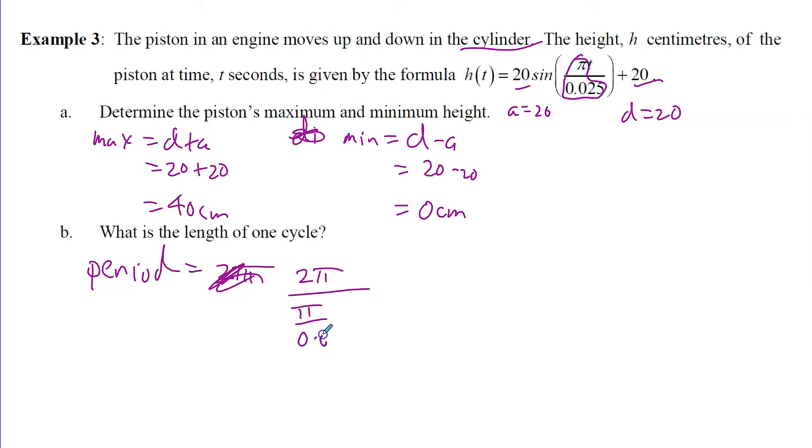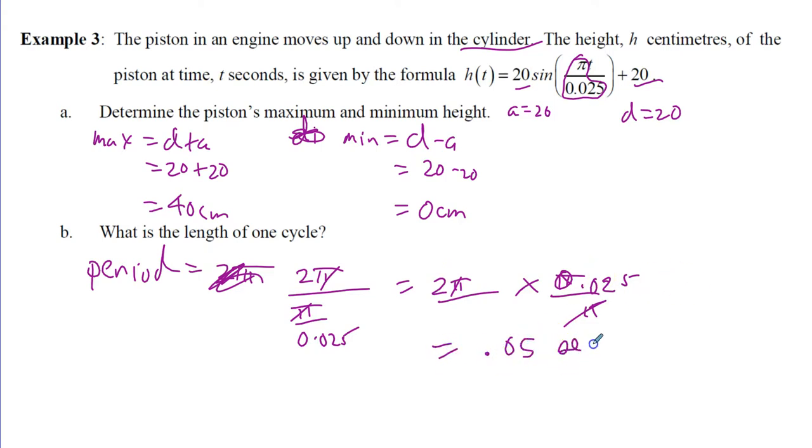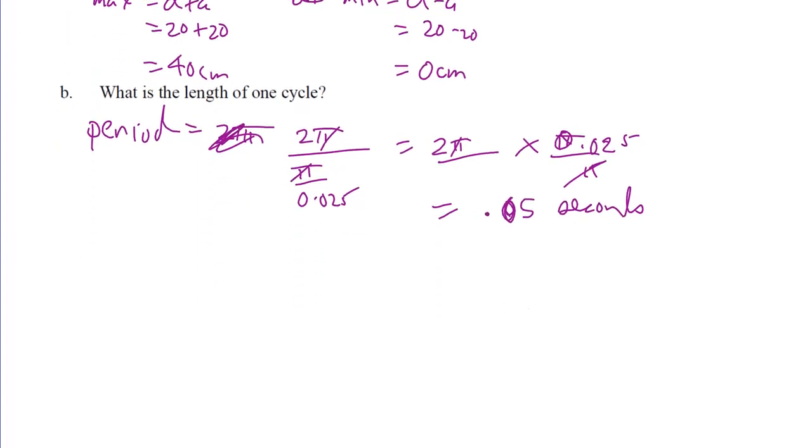So that's 2 pi times 0.025 over pi. So the pi's cancel. We've got two of these, which would be 0.05 seconds. So the period is 5/100ths of a second, which actually for a piston is probably a pretty slow moving piston.